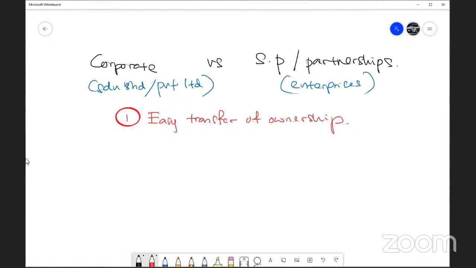Number two, the owners have limited liability. That's why it's called private limited. It's only limited to how much the company can sustain. If the company goes bankrupt, the company is bankrupt, not the owner.